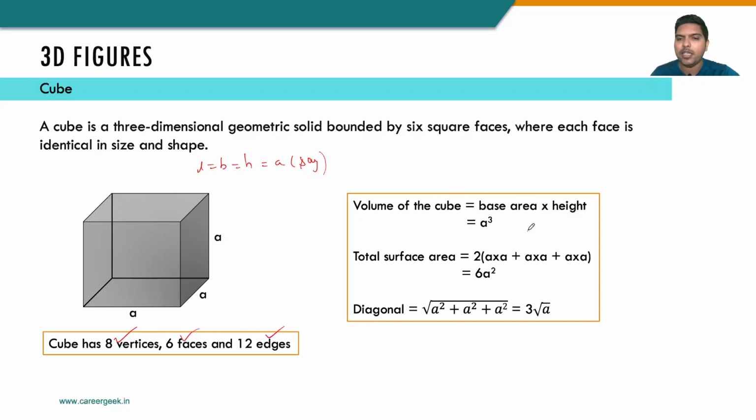Volume is LBH for cuboid, so it becomes A into A into A. 2 into LB plus BH plus HL, all are A's. 2 multiplied by 3A square, which is 6A square. Diagonal is root of 3A square, which is root 3 times A. Okay, yeah, just correct this. It is root 3 times A, not 3 root A.